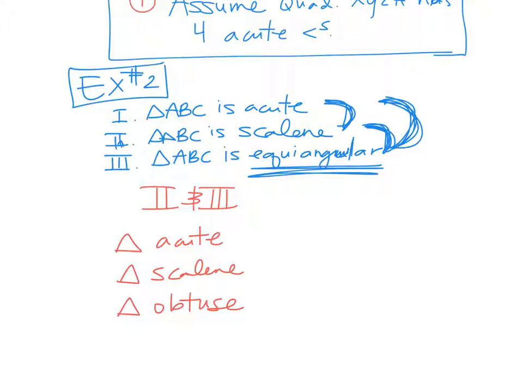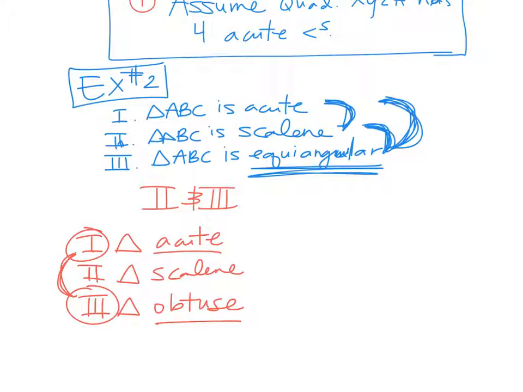Which 2 can't go together? 1 and 3. You can't have acute and obtuse, right? Because acute means all acute angles. Obtuse means you have one obtuse angle. So you cannot have, if this was 1, 2, and 3, okay, 1 and 3 can't happen at the same time. So you're just looking for where do they contradict.